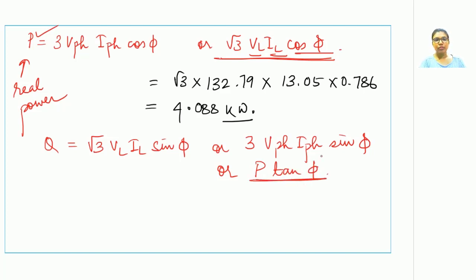Now one must be wondering how I obtained this value of P tan phi. Remember our power triangle from the single phase circuits? The triangles would remain the same because three phase means it is a combination of three single phases. So for a single phase, how did the power triangle look like? This is P.